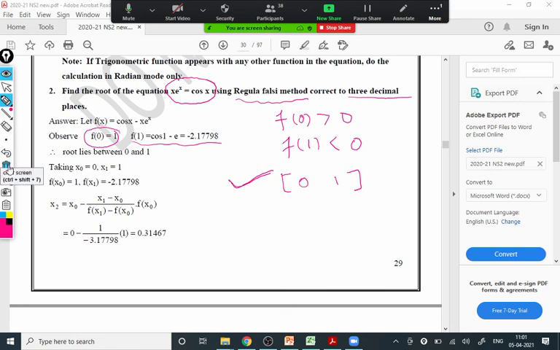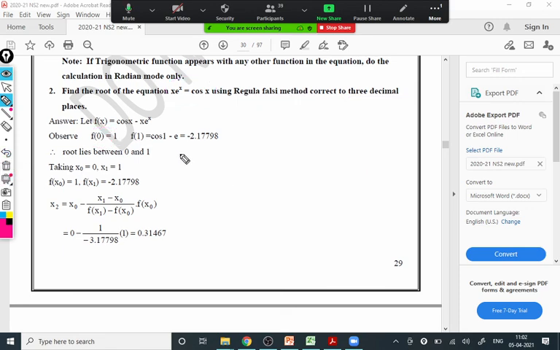Now after step 1, you can go like this also. Make a table with the first column as the number of iteration, then the value of a, the value of b, then f(a), f(b), then xn.